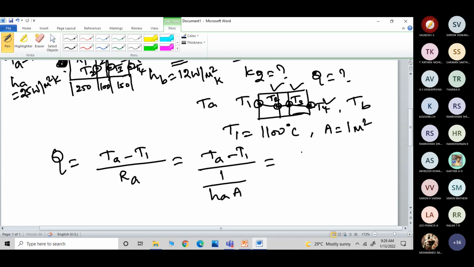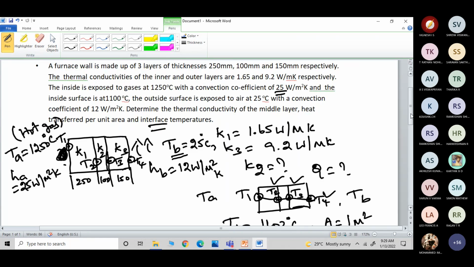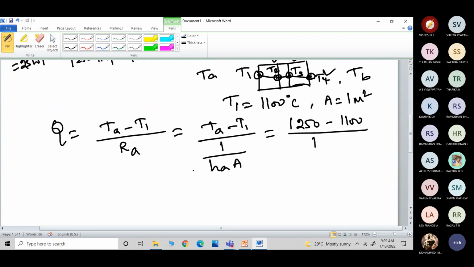Okay, so TA minus T1, 1250 minus 1100, divided by 1 by how much is it? 25. So how much is Q?